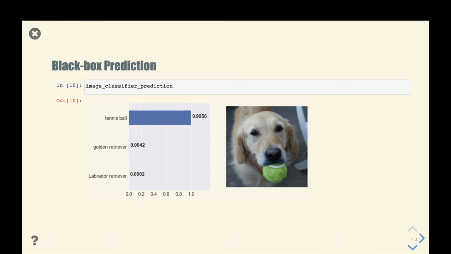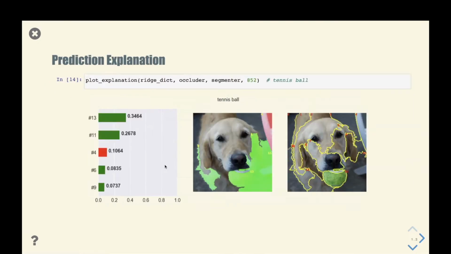It says surrogate explainers of image data. Perfect. Right. So in this case, we are trying to explain a dog with a tennis ball. And the black box prediction says tennis ball 99%, and then a small percentage for golden retriever and Labrador retriever. We generate a lime-like explanation for this image.